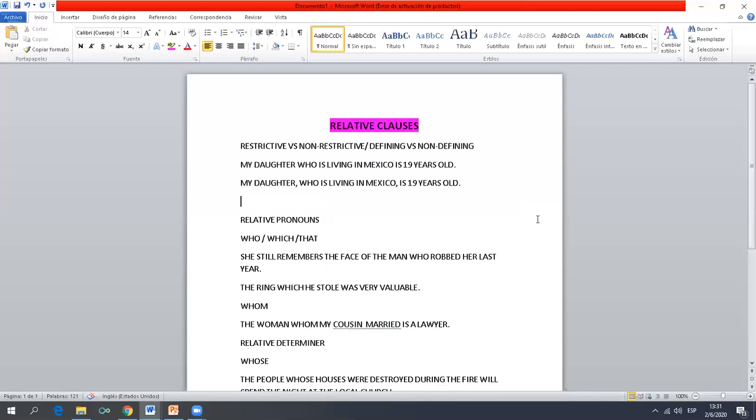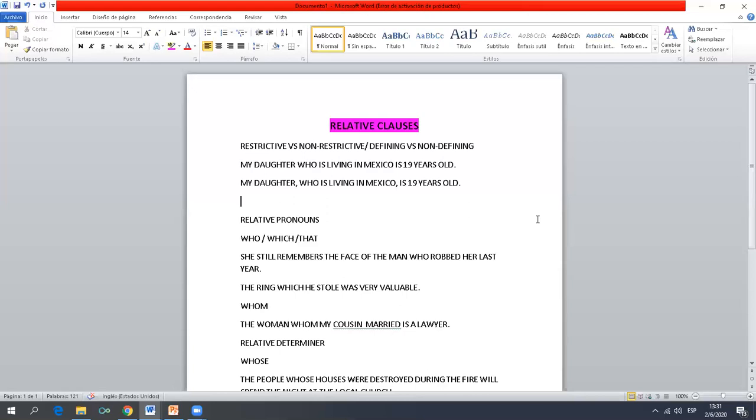I decide to use this relative clause to define who I'm talking about, to specify which of my daughters I'm talking about. So if you use the first, probably that is because you have more than one daughter. Imagine I had two daughters. So I could say, my daughter who's living in Mexico is 19 years old. And that means my daughter who lives with me is older.